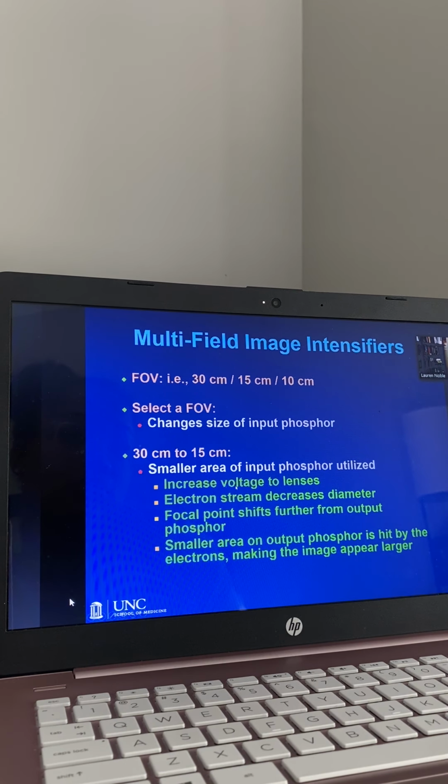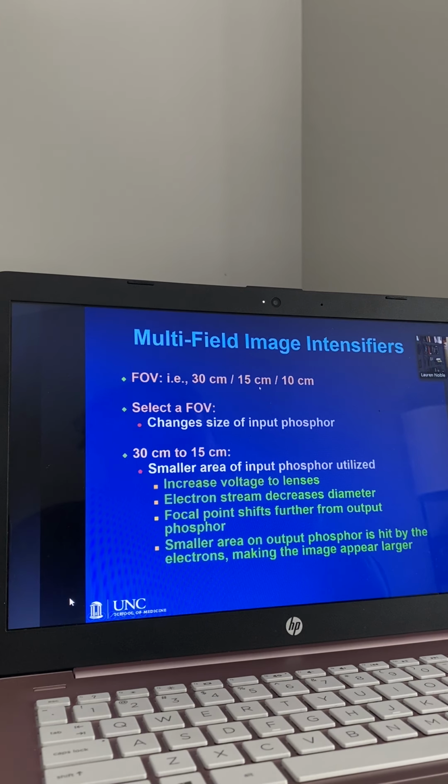So this is an example of a multi-field image intensifier. You may have an image intensifier that has 3 different fields of view: 30 centimeters, 15 centimeters, and 10 centimeters. What the field of view means is the size of the input phosphor. You can change the size of the input phosphor that is being used at the push of a button.